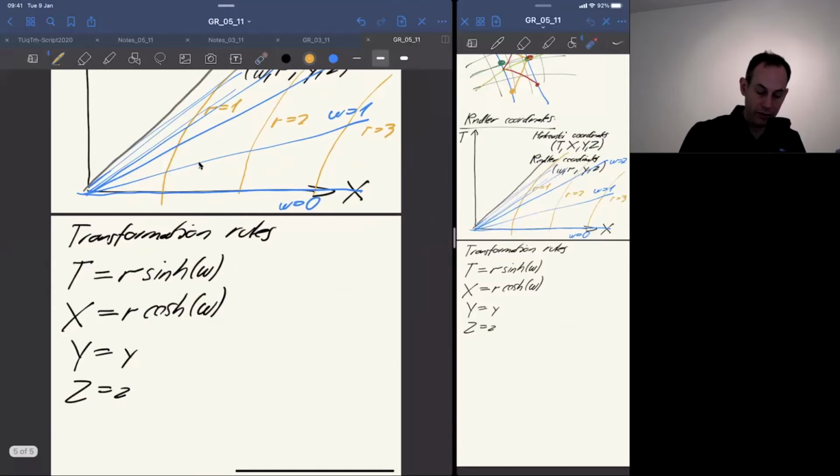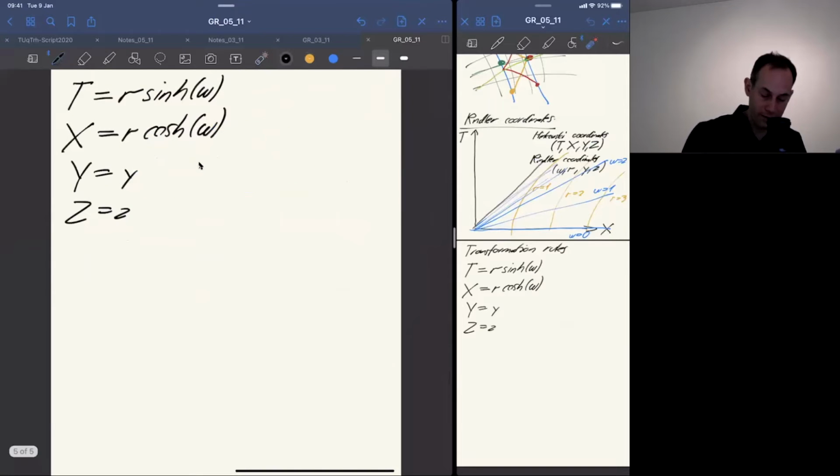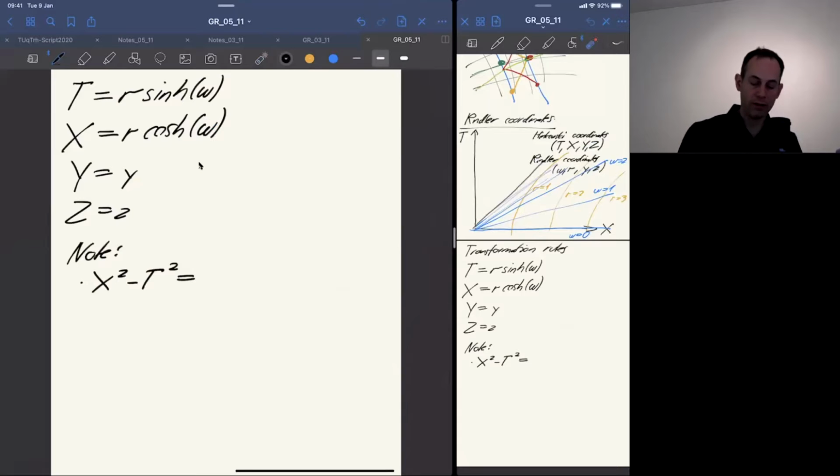Okay, maybe I just make some notes that are useful to understand these coordinates. There will also be an exercise about them. So it's useful to familiarize yourself with these coordinates. So first of all, I can just calculate x squared minus t squared. And I will explain afterwards why I do that. So what's that?